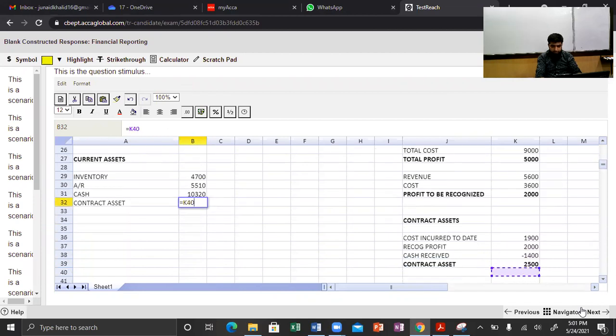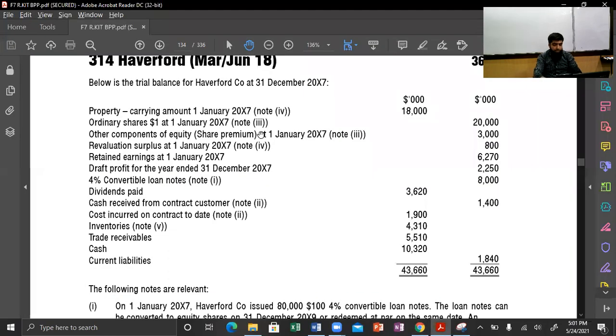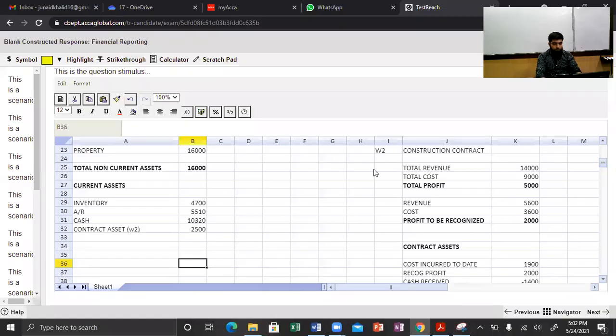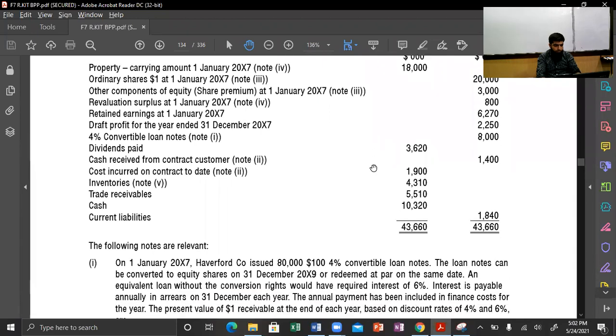Contract asset is 2500. So the current assets are inventory, account receivable, cash, and contract asset. There is no other current asset which we could find in the trial balance.